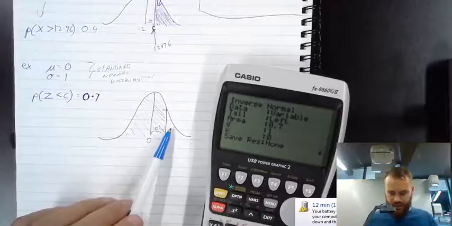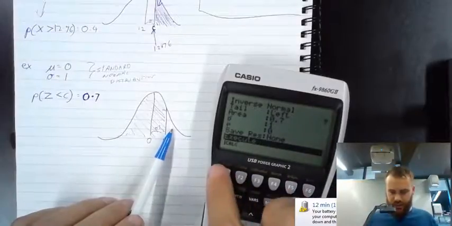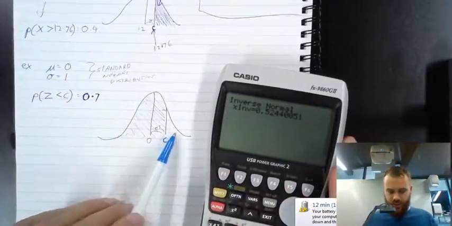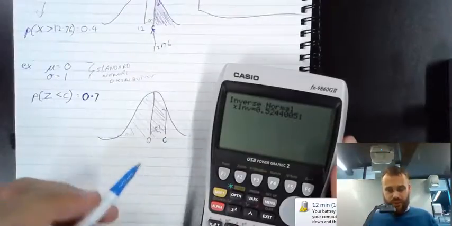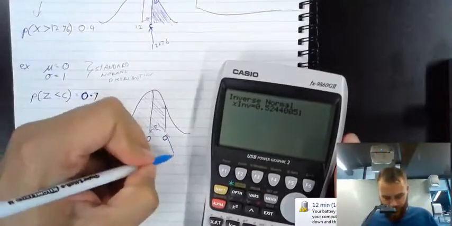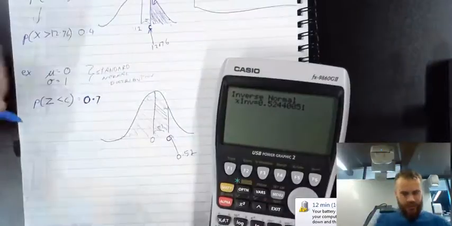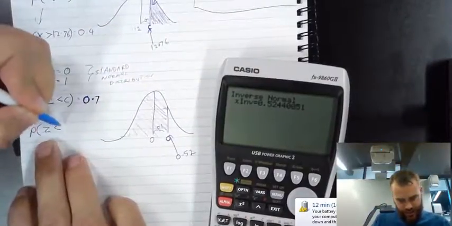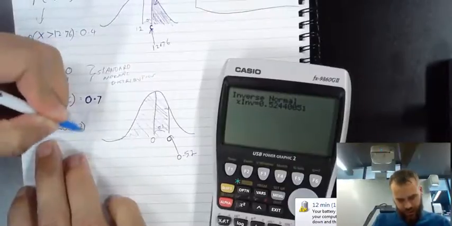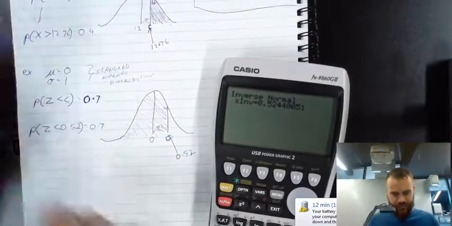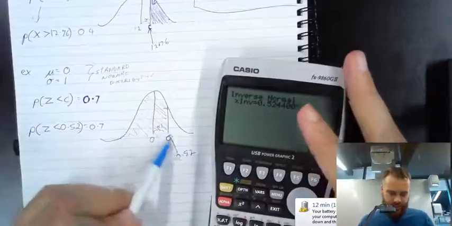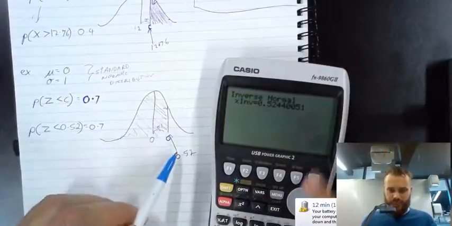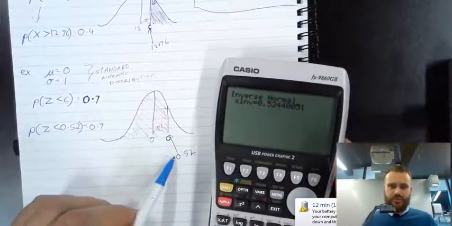The mean is 0. Calculate it. And we get 0.52. So we can rewrite it: the probability that Z is less than 0.52 is equal to 0.7. That means that C value is 0.52. That's what we've just found there with our inverse normal.